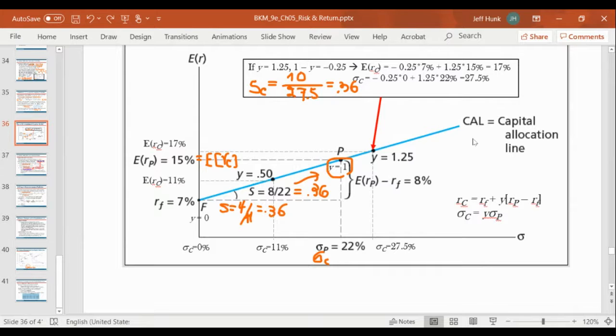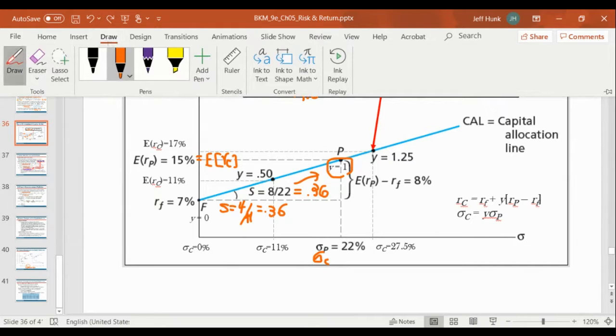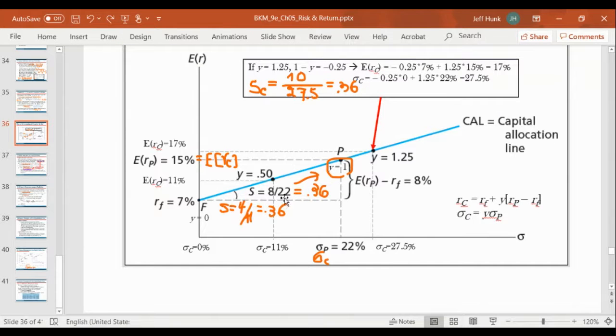This line is called the capital allocation line, because it shows how your capital is allocated between the risky portfolio and risk-free assets. No matter how it is allocated, it will still give you the same.